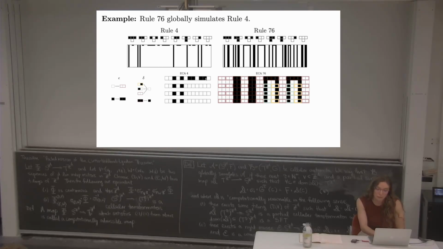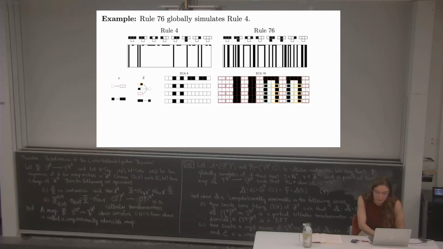If we start with any potential configuration of the elementary CA4, we can encode it using this epsilon, where we just cell by cell map each cell into this supercell of size 2. And then if we start iterating the local rule, or if we start iterating the rule 76 on this space, for instance for 2 iterations, but it really does not matter, and then we decode, we actually exactly get the dynamics of the elementary CA4.